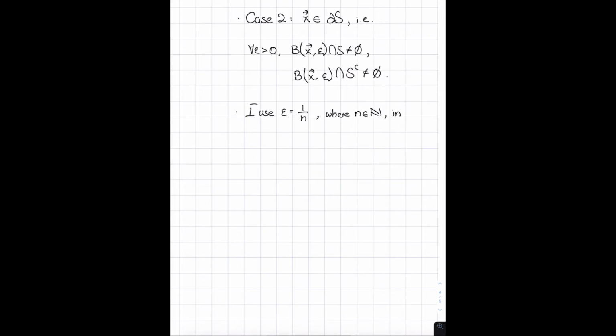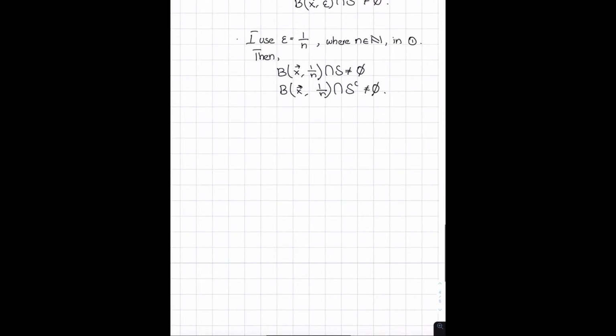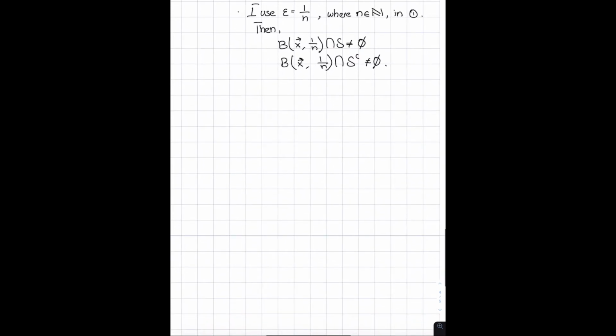Then I know that the ball centered at vector X with radius 1 over n, intersection with S, is not equal to the empty set, and I know that the ball centered at X with radius 1 over n, intersection with S complement, is not equal to the empty set. Now here's the idea. I'm going to construct the sequence, and this is basically the idea behind the entire proof. So defining A's of n.